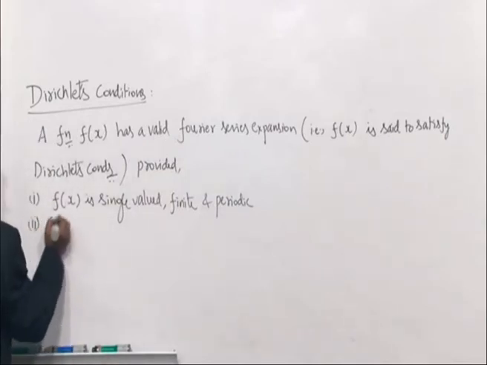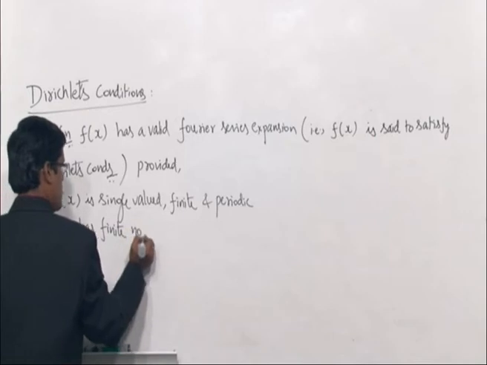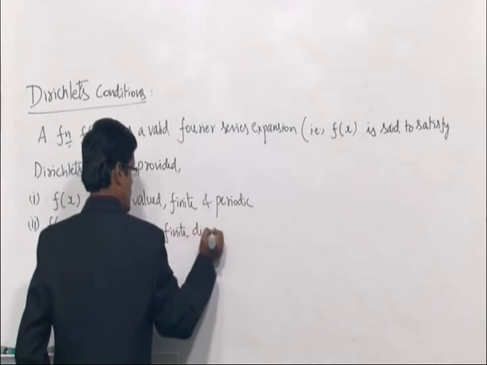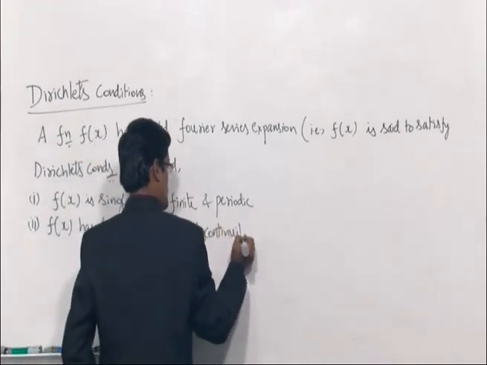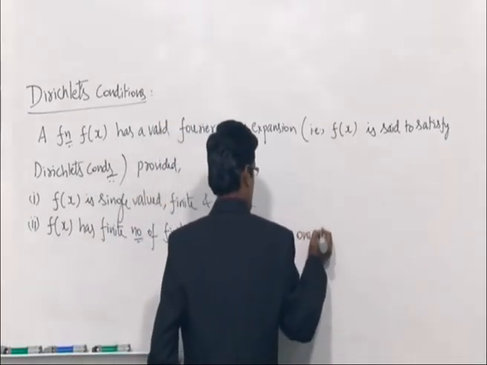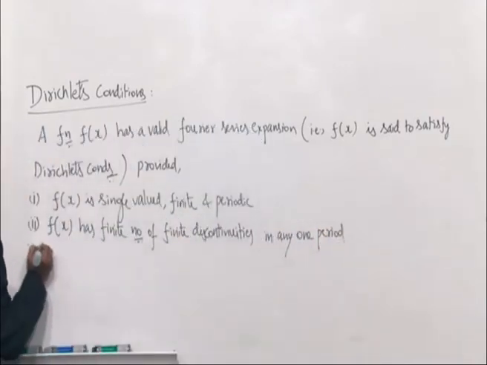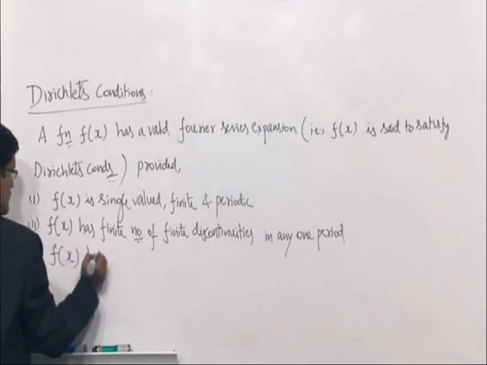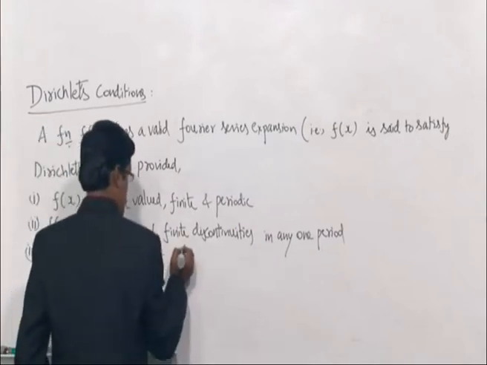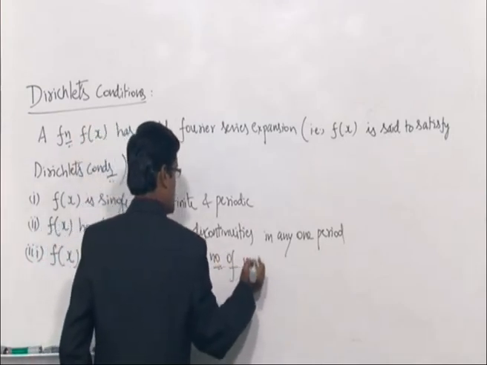Second, f(x) has a finite number of finite discontinuities in any one period. Third, f(x) has at the most a finite number of extrema, that is maxima and minima.